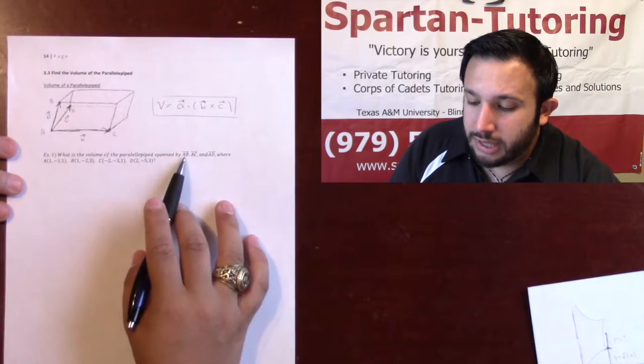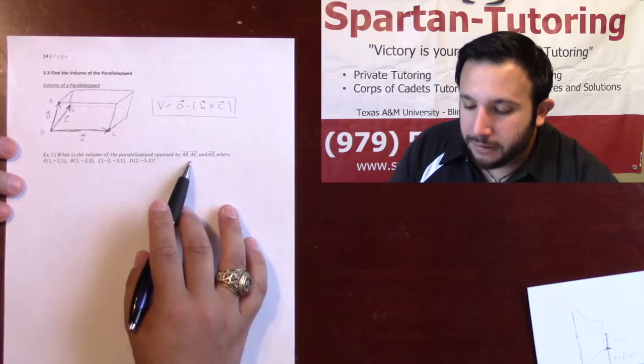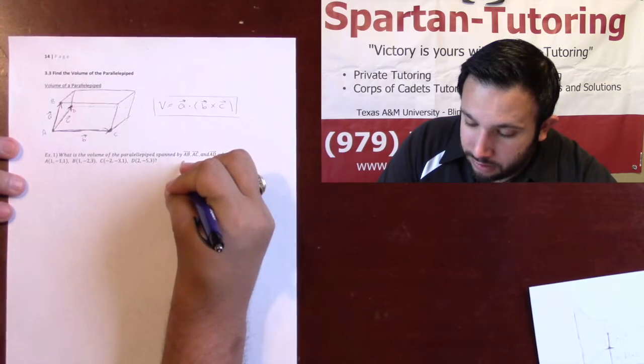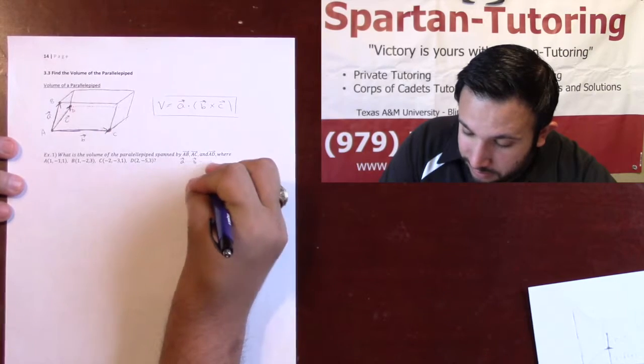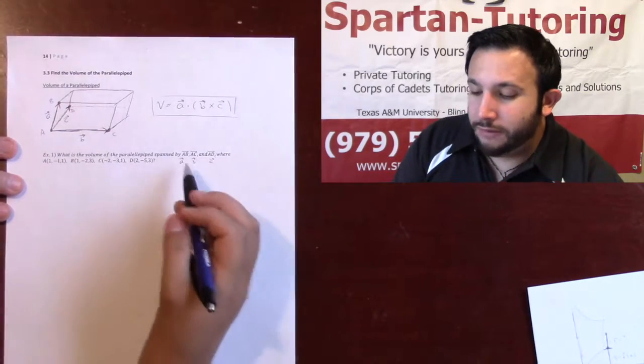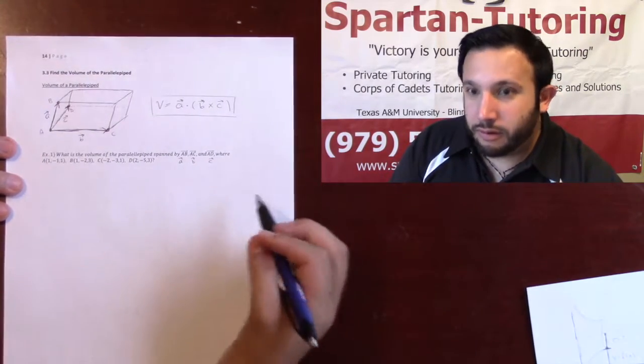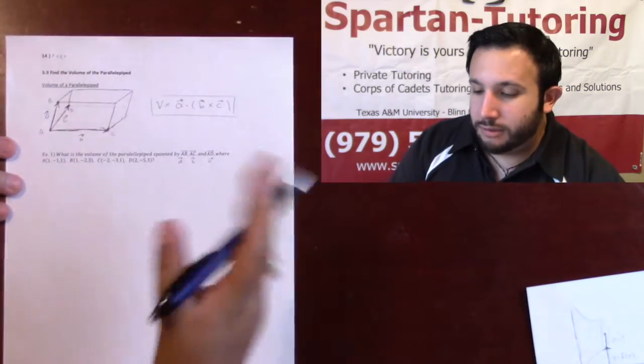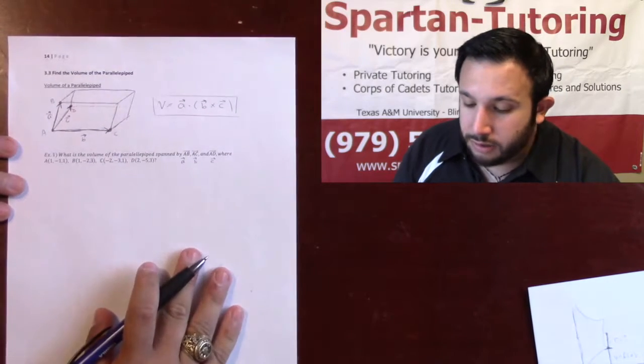What we need to do is find the vector AB, the vector AC, and the vector AD, and we can call them vector A, vector B, vector C. You can call them whatever you want, vector happy face, sad face, and triangle for all I care, as long as you find these 3 vectors.